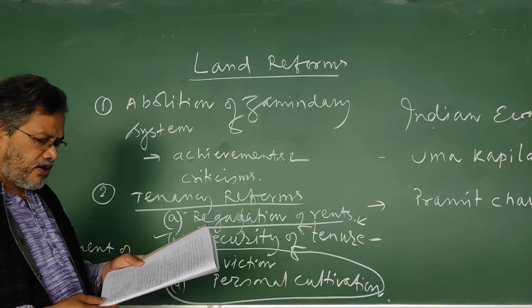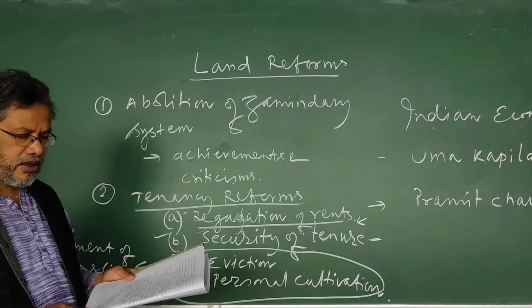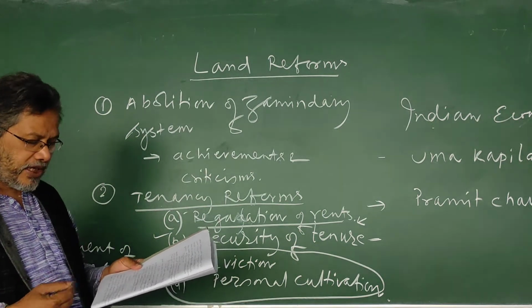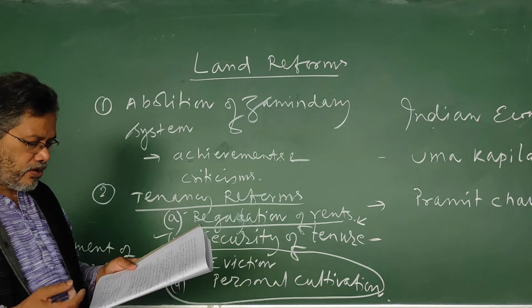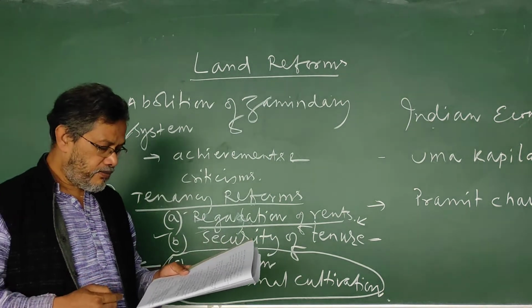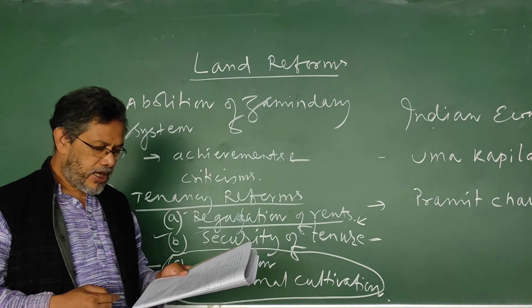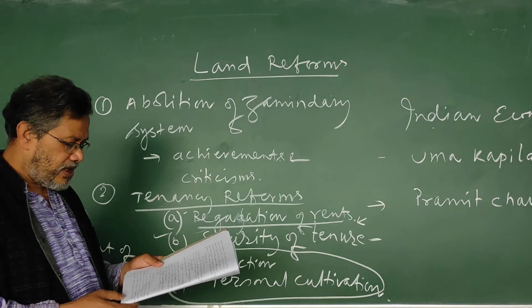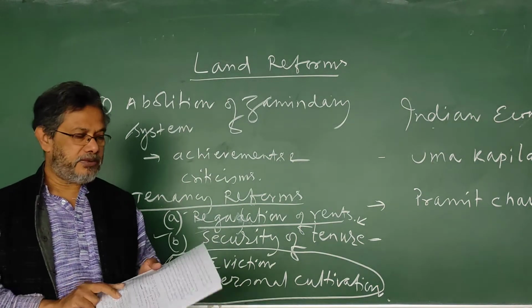I told you many landlords have taken back the land from the tenants on personal cultivation grounds, but actually they are cultivated through some arrangements lacking some elements of personal cultivation.